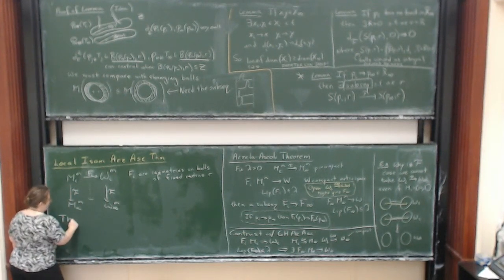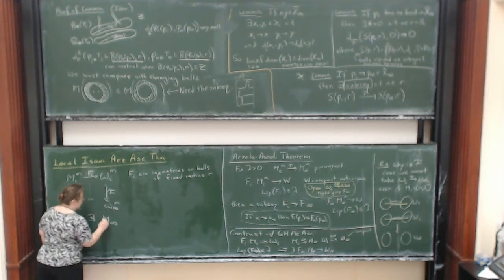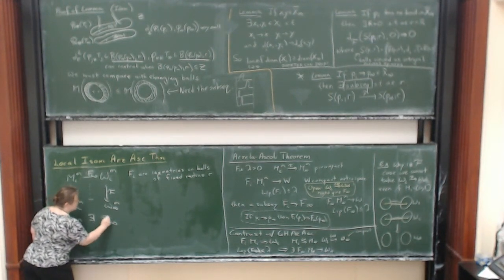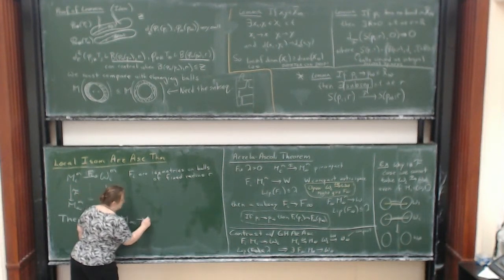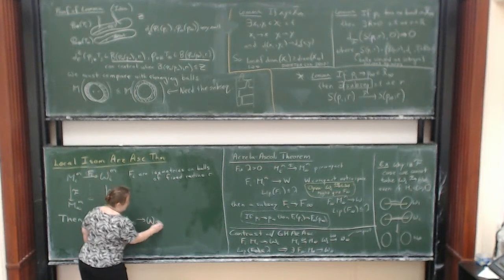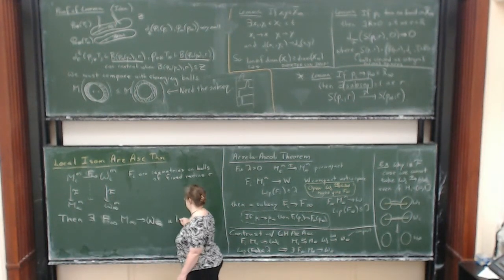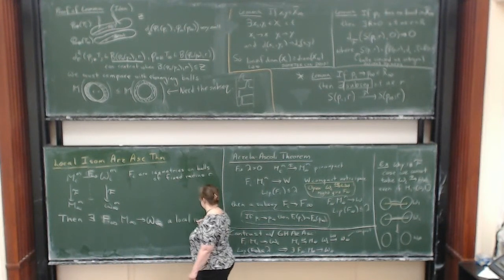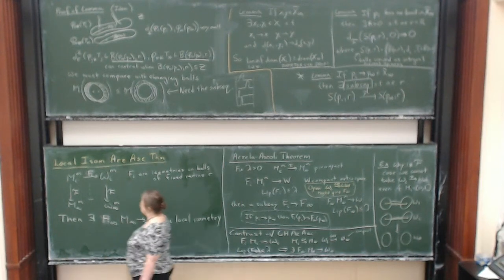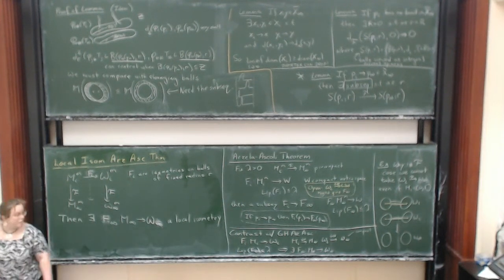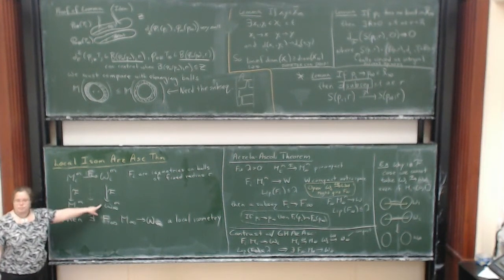Then there exists f_infinity from M_infinity to W_infinity, which is a local isometry. This local isometry condition guarantees that whenever the points disappear on this side, they're also disappearing over here.